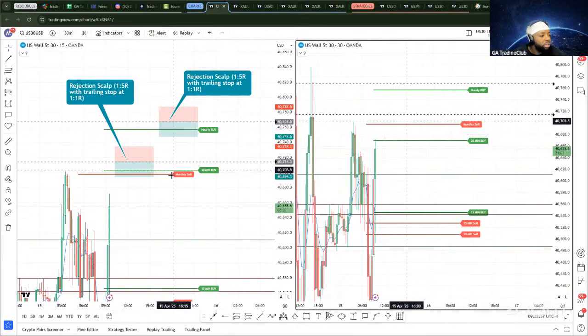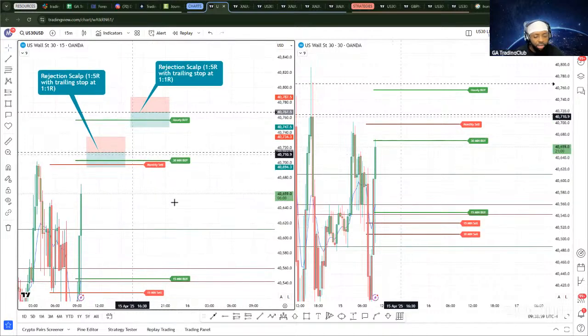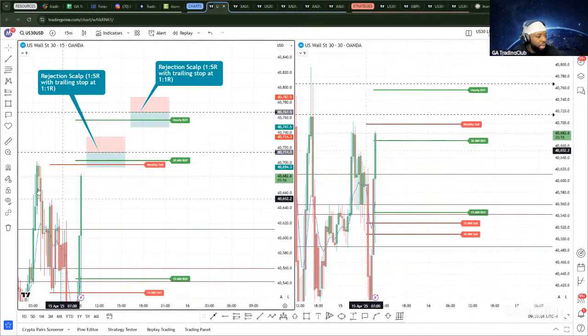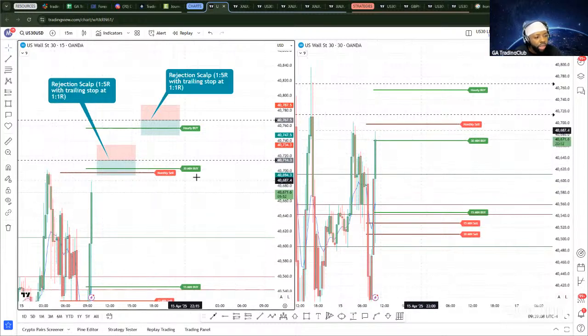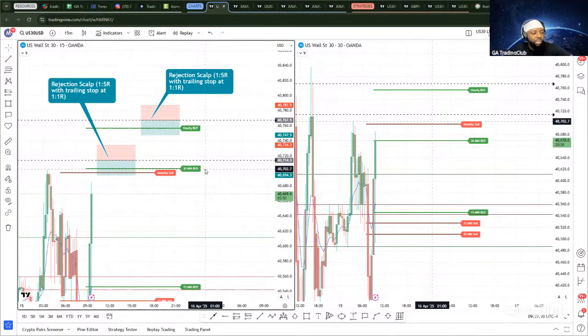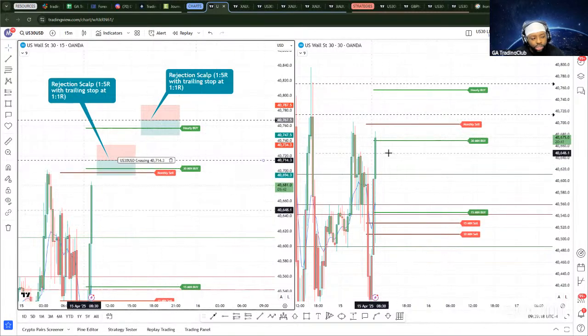All right. For this particular one, if price gets back up here on the left chart, I'll be going for this monthly sell rejection scalp. On the 15-minute you can see there's a 30-minute buy, but on the 30-minute there's the 30-minute buy too, and they look like they're in different areas.